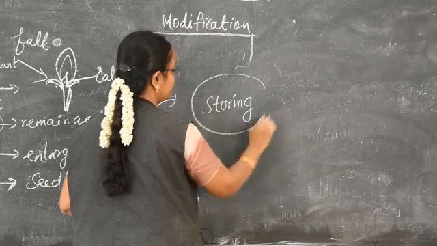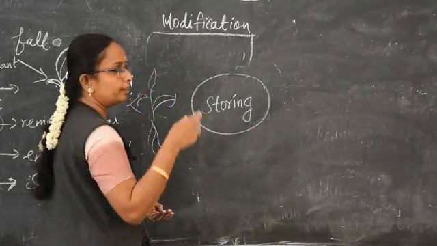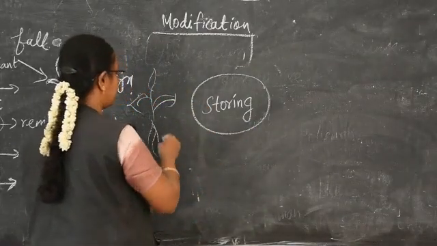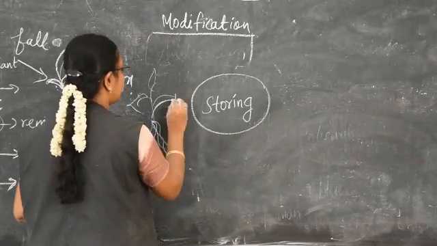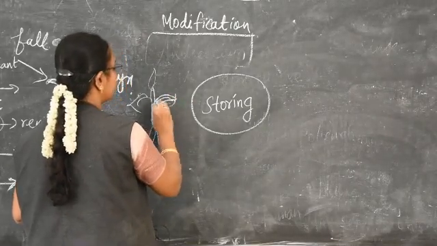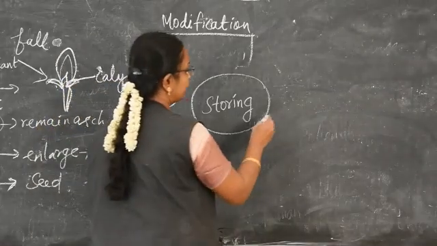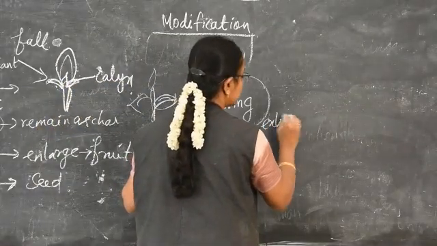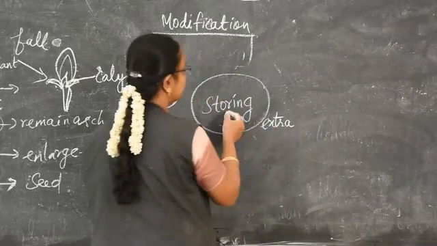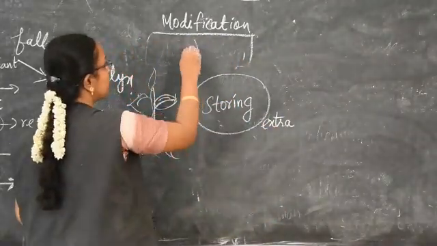After photosynthesis, they are storing their food material either in root or in stem or in leaves. So these are the extra regions in which the plants are storing their food. That is known as modification.